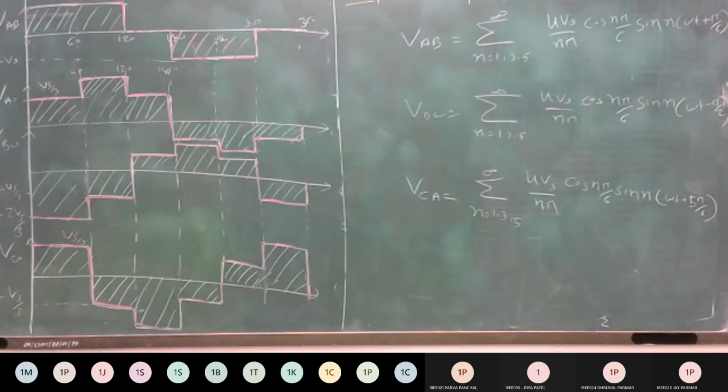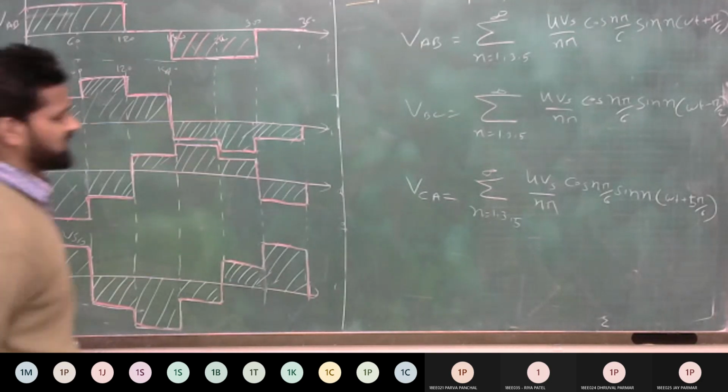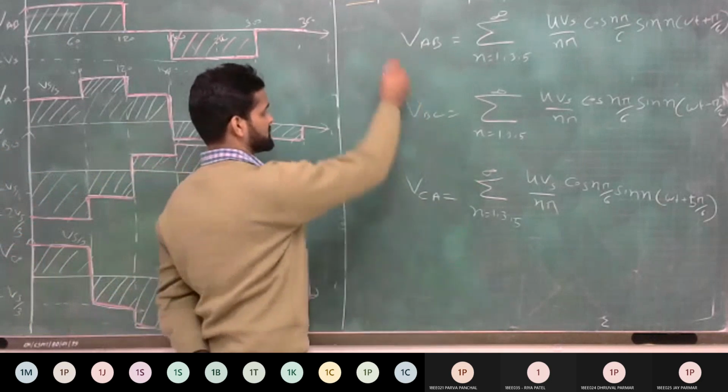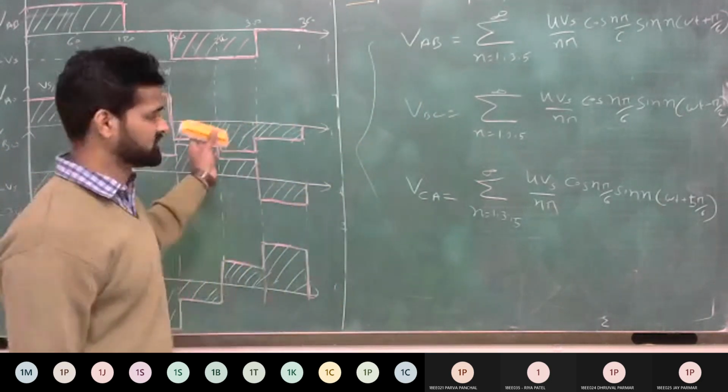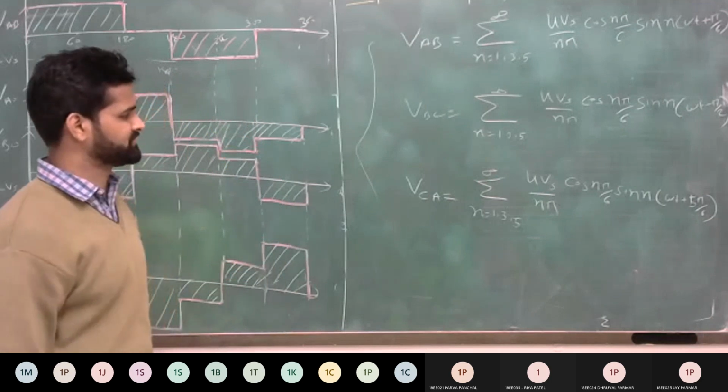So write down this equation of Fourier analysis. Here we do not derive the equation, but just write it down because it will help you with the calculation of examples related to the 180 degree mode of the inverter.